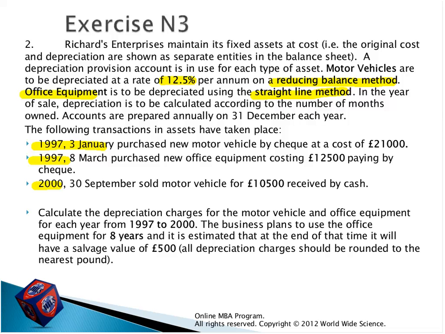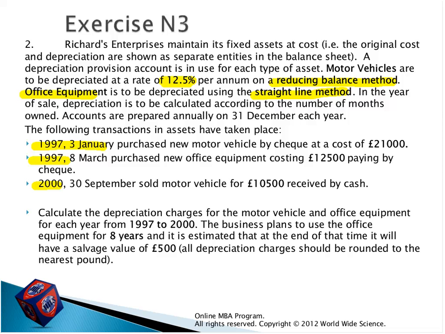The motor vehicle is depreciated by the reducing balance method, right? It's already giving you the depreciation rate. You remember? 12.5%. But office equipment is depreciated by the straight line method. You should remember the formula for the straight line method: just take your original cost and divide by your useful life.